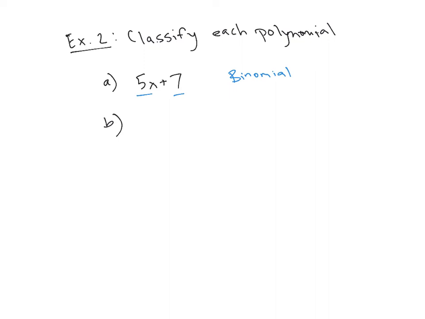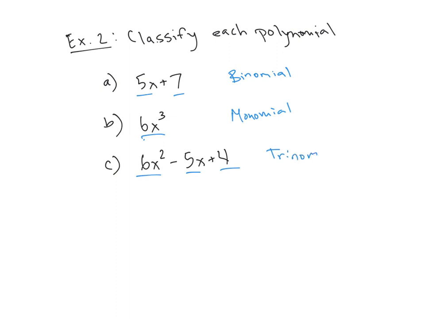So the second piece, if we have something like 6x to the 3rd, that would just have 1 term. So I'd call it a monomial. If we have something like 6x squared minus 5x plus 4, that would have 1, 2, 3 terms. So I'd call it a trinomial. 3 terms, right?